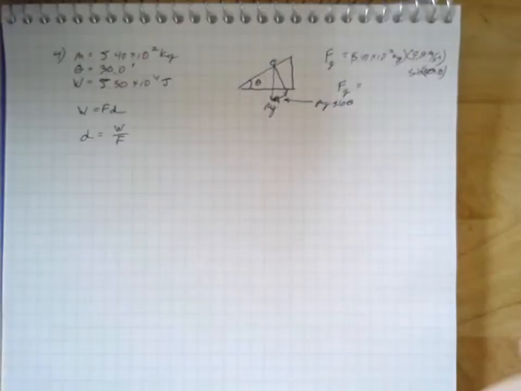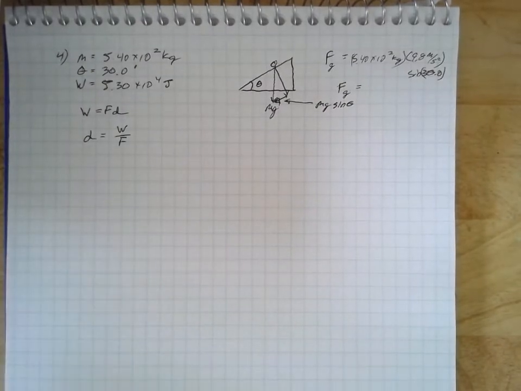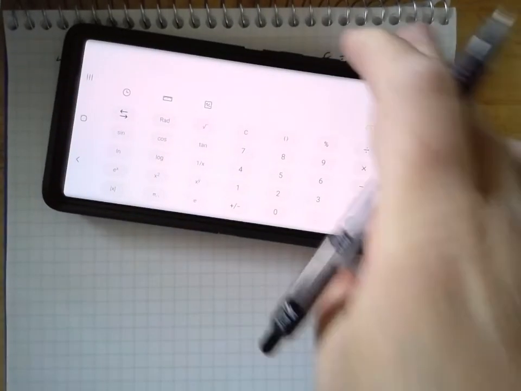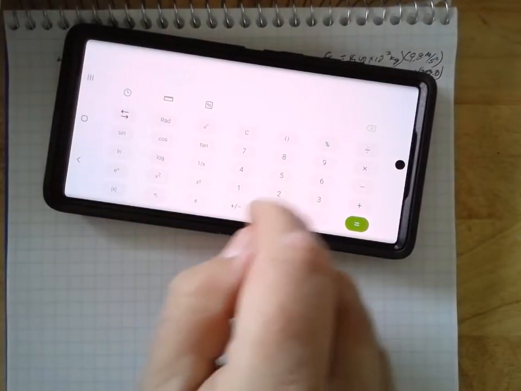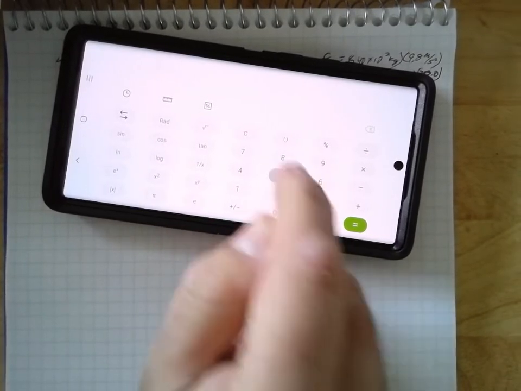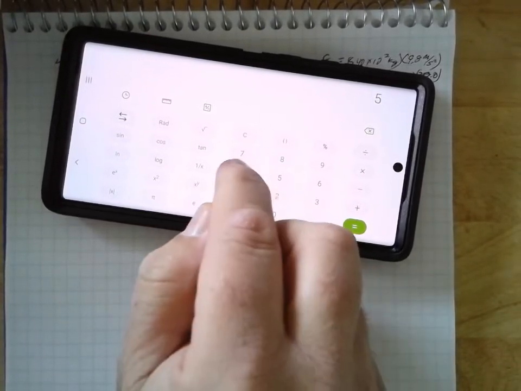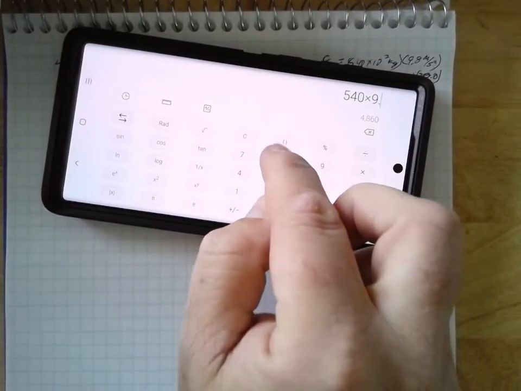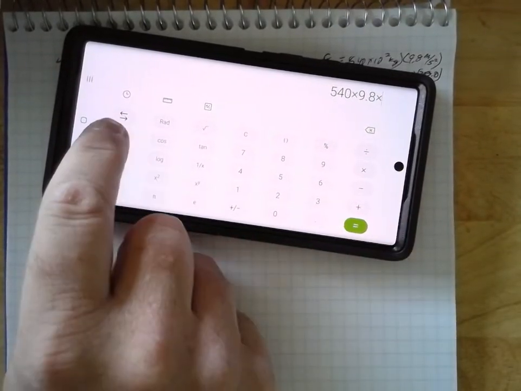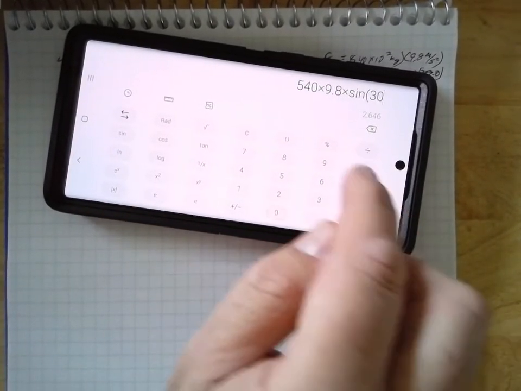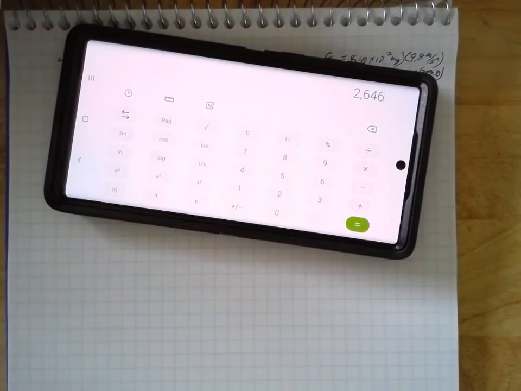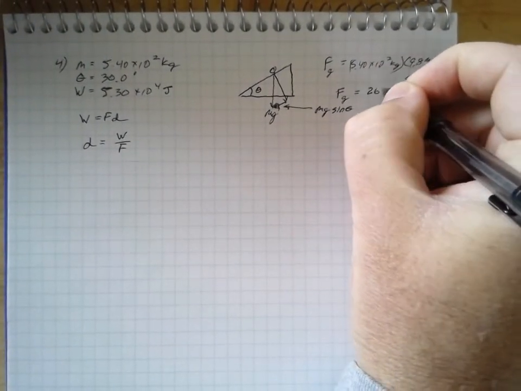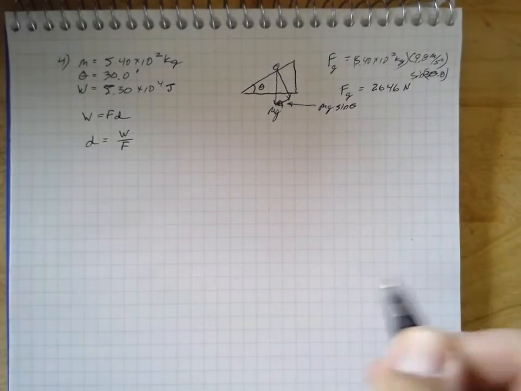So when we put this all together, we take out our handy dandy calculator. In my calculator, I'm going to put in 540, that's 5.4 times 10 to the 2, times 9.8 times the sine of 30, and that equals 2646 newtons.